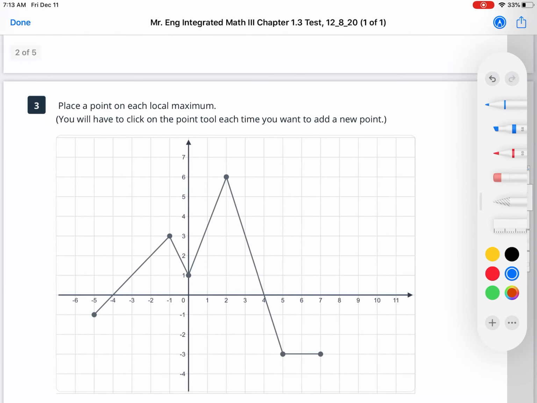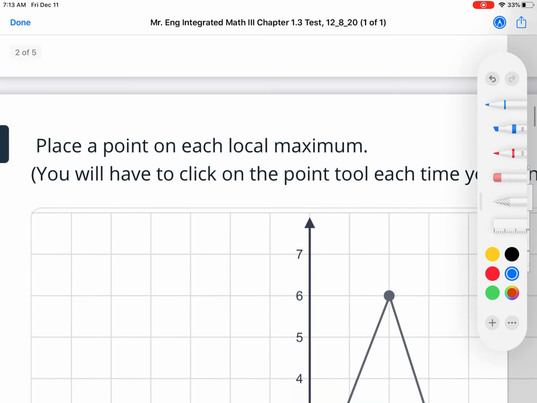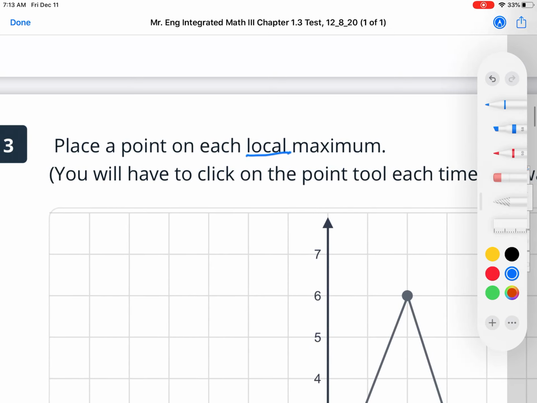Question number 3. Place a point on each local maximum. Okay. Remember, local is kind of like nearby, and maximum, think of a high point. Again, think of the mountains, right?